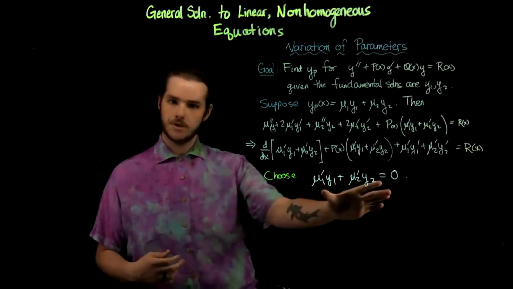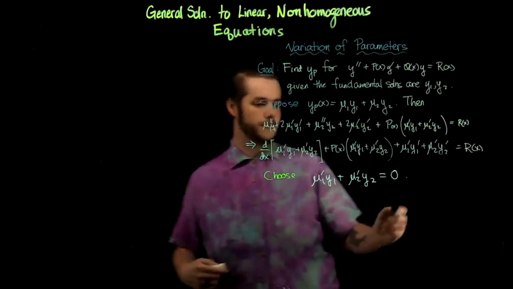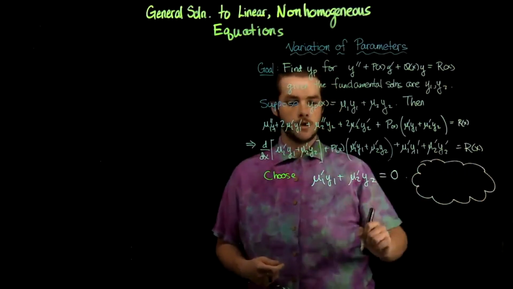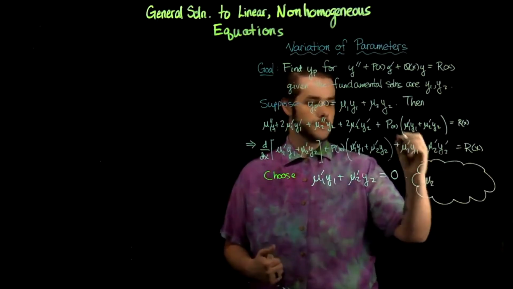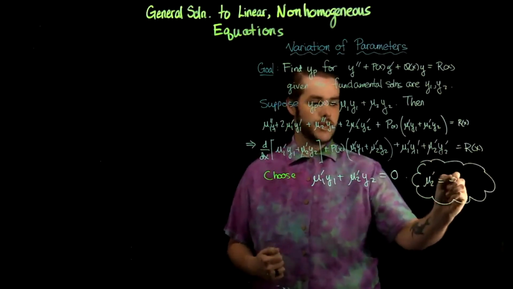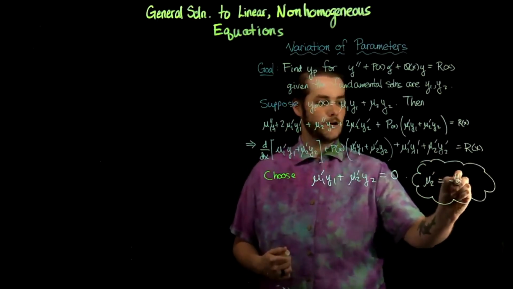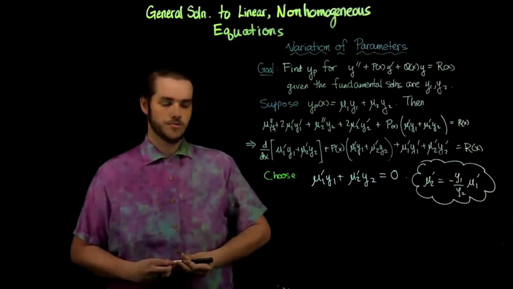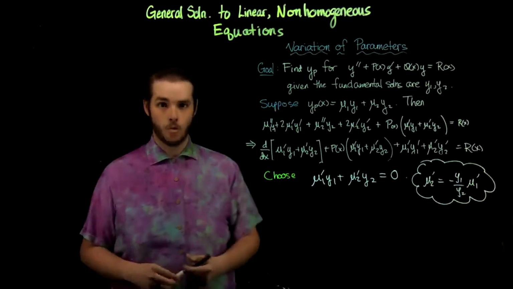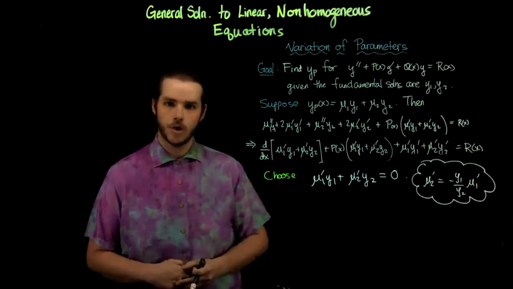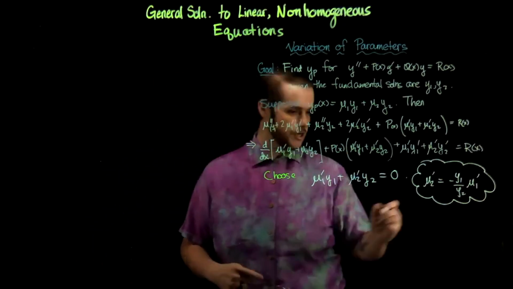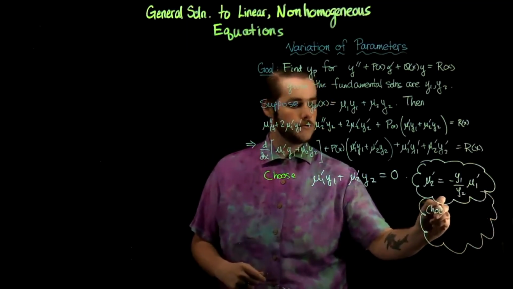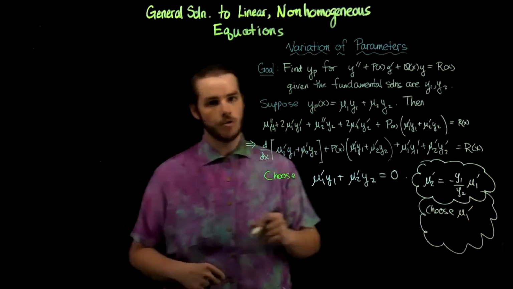But essentially, do you notice under this condition, I could write, for example, and I'm going to put this in a little thought bubble here, that mu2 prime is just equal to negative y1 over y2 mu1 prime. So really, at the end of the day, I only have to make one choice. I just have to choose mu1 prime. Oh, and sorry, I guess I'll extend my thought bubble here. So really, I just need to choose mu1 prime.